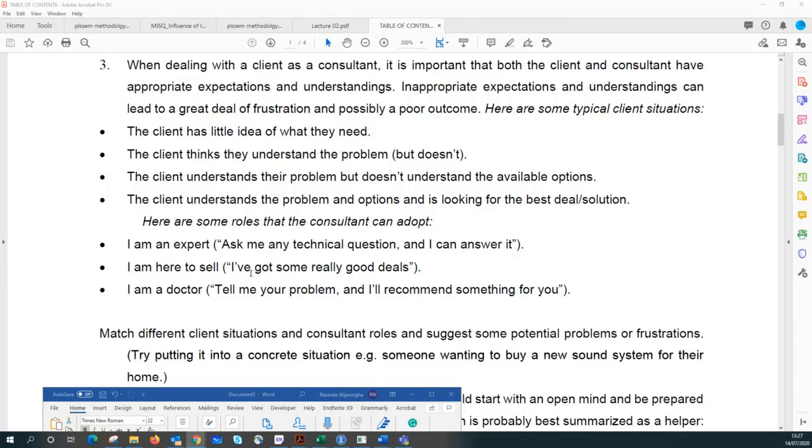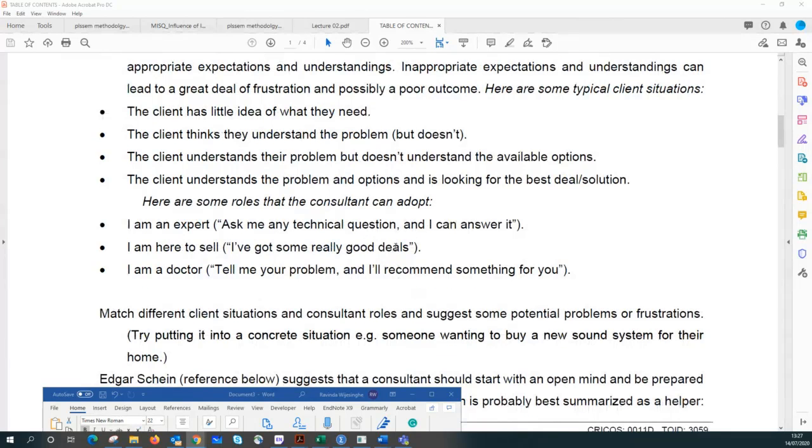I'm here to sell the product, right? But my suggestion is that the most effective role you should adopt is the doctor's role.